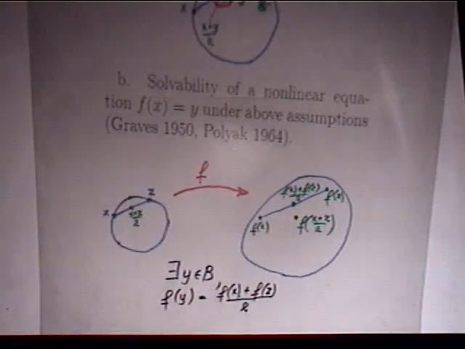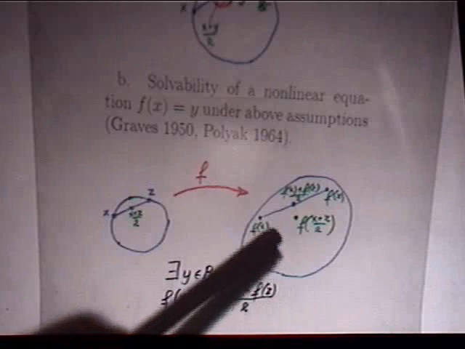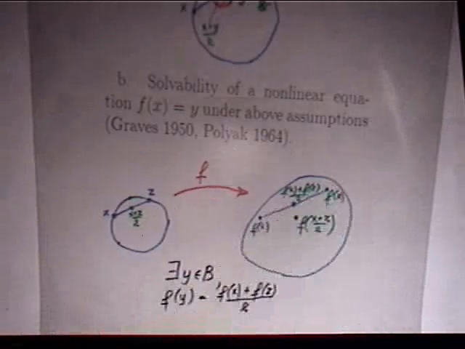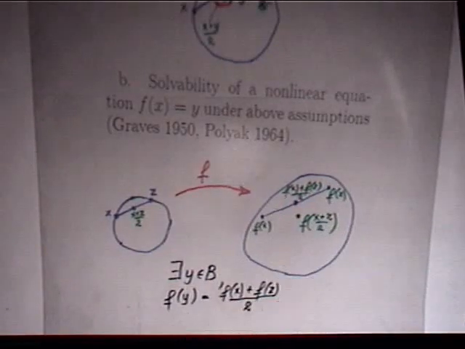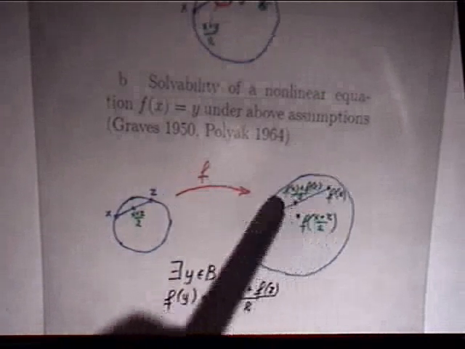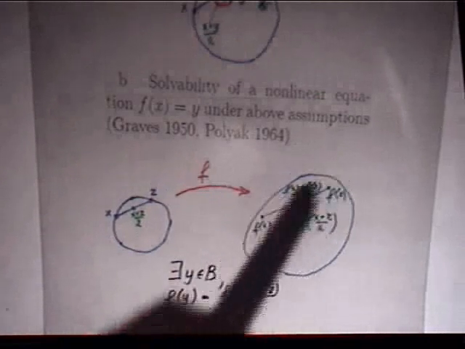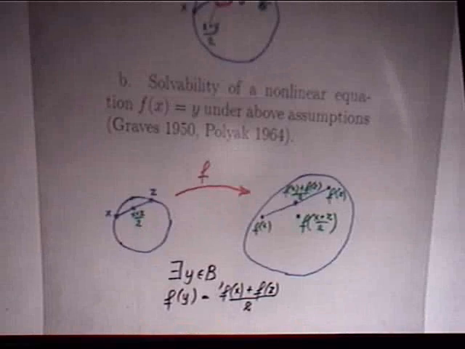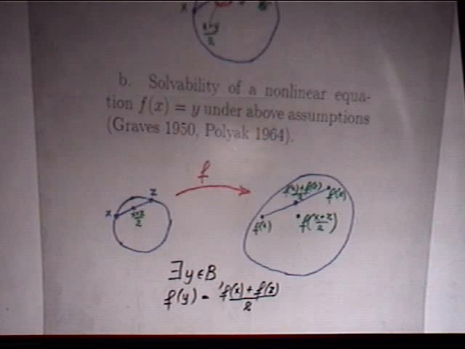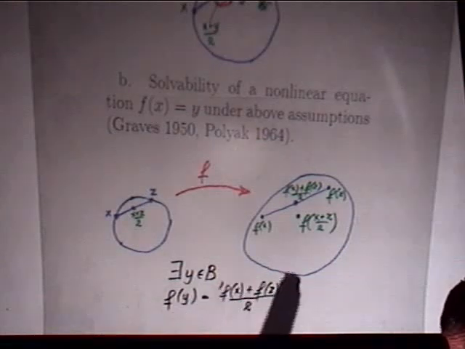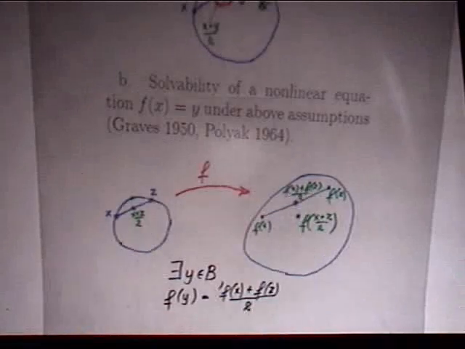And of course, it is somewhere in this set F capital. But now we look at the center of the images, and we are to prove that there exists some point y such that its image is exactly this center.